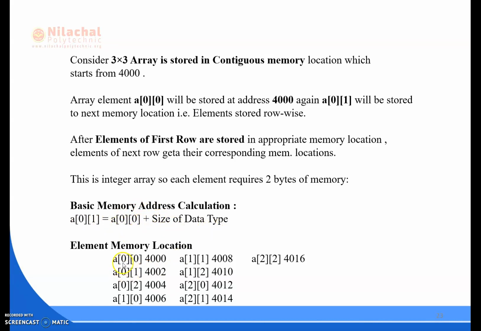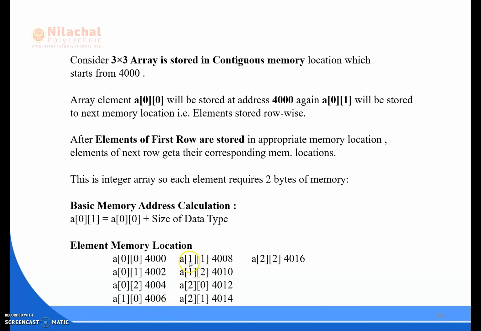So as simple, the 0th row and 0th column is at 4000. The 0th row and first column will be at 4002. The 0th row and second column will be at 4004. Similarly, we come to the next row, that is first row and 0th column at the next memory location, 4006.